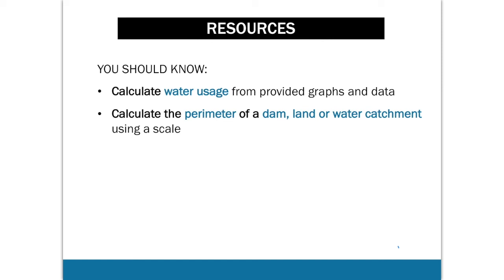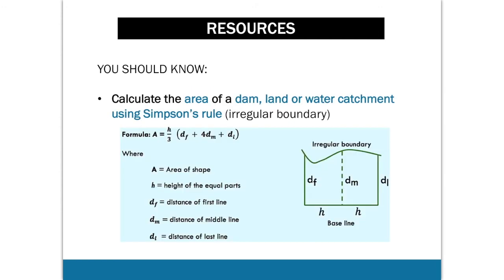Okay, so we also need to know how to calculate water usage from provided graphs and data, and to calculate the perimeter of a dam, land or water catchment using a scale. So these are just coming from our syllabus. So to calculate the area of a dam, land or water catchment, we usually use Simpson's rule. So if we remember, this is Simpson's rule here for finding the area, right?